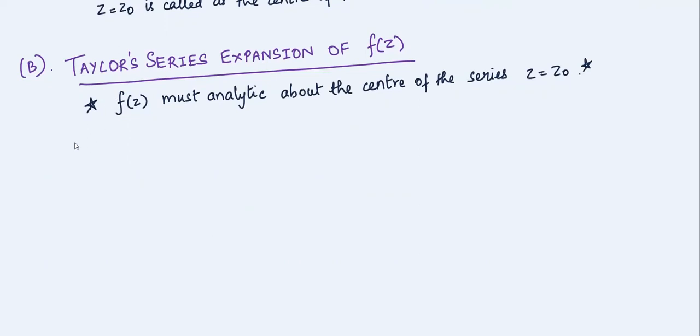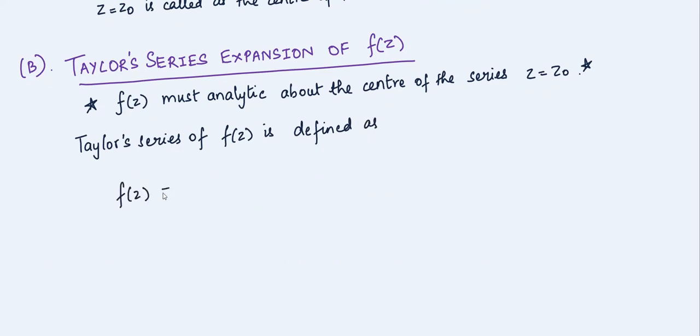Then, now Taylor series of f of z is defined as, just as we have in real numbers, f of z can be written as an infinite series of a_n into (z minus z naught) whole power n.